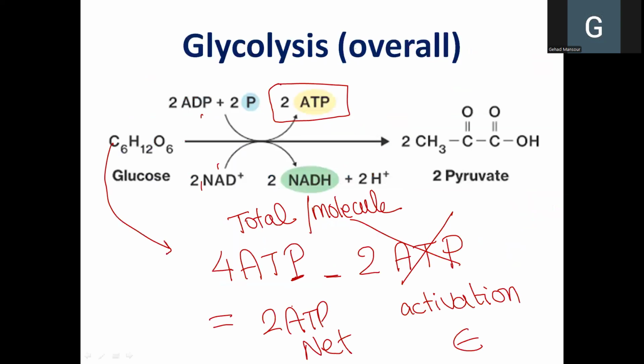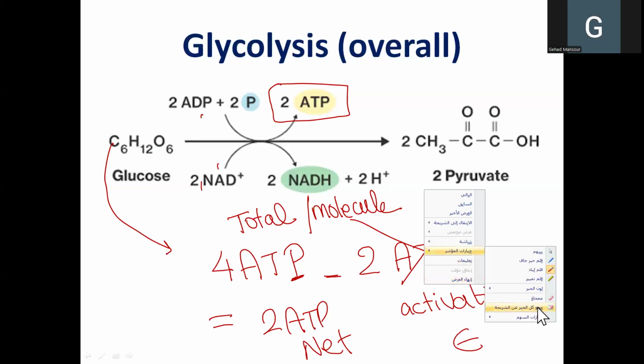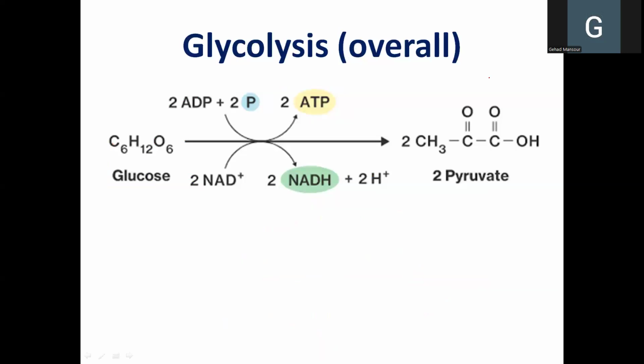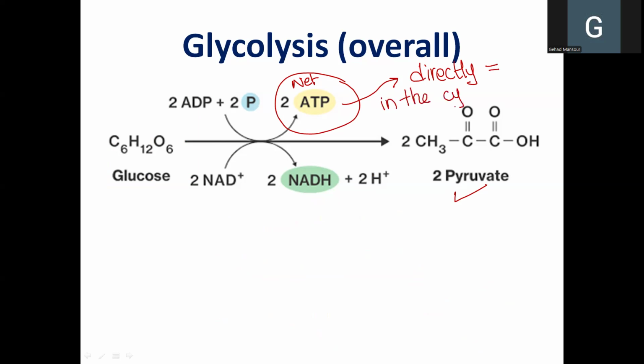If we go back to this, we will find that the products of glycolysis are 2 pyruvate molecules and 2 net ATP molecules that have been obtained directly. And directly here means in the cytosol without being forced to go to the mitochondrion.